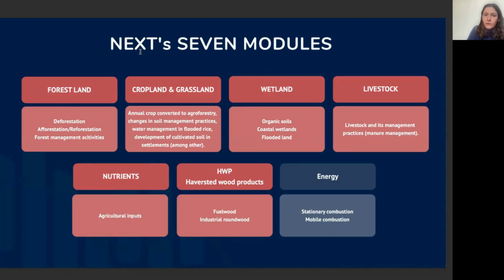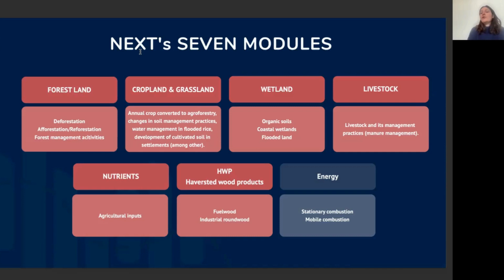The flooded rice estimates are included in the crop and grassland module. It's quite sophisticated, so you can really have good estimates for the flooded rice emissions that are not so easy to calculate. So the methodology is already inside this module.